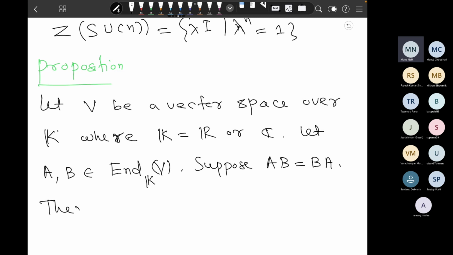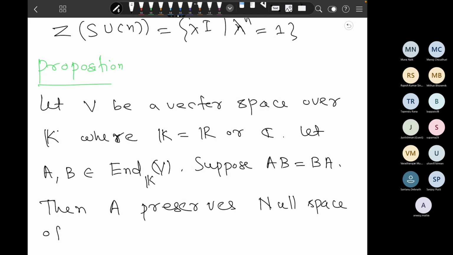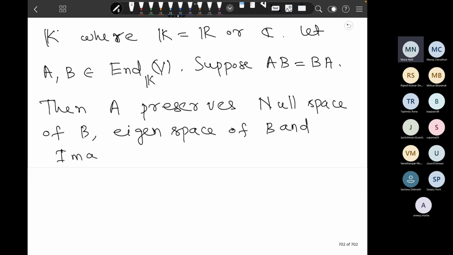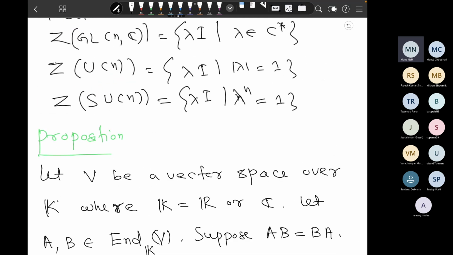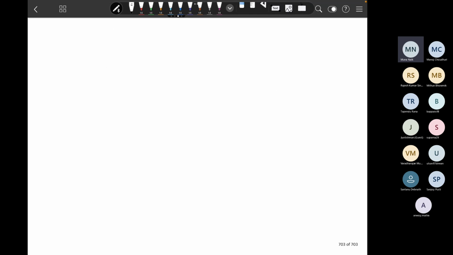Then A preserves the null space of B, eigenspaces of B, and the image of B. I have told you this proposition before also, and I like this proposition very much because it is useful. So we will use it in some discussion here.